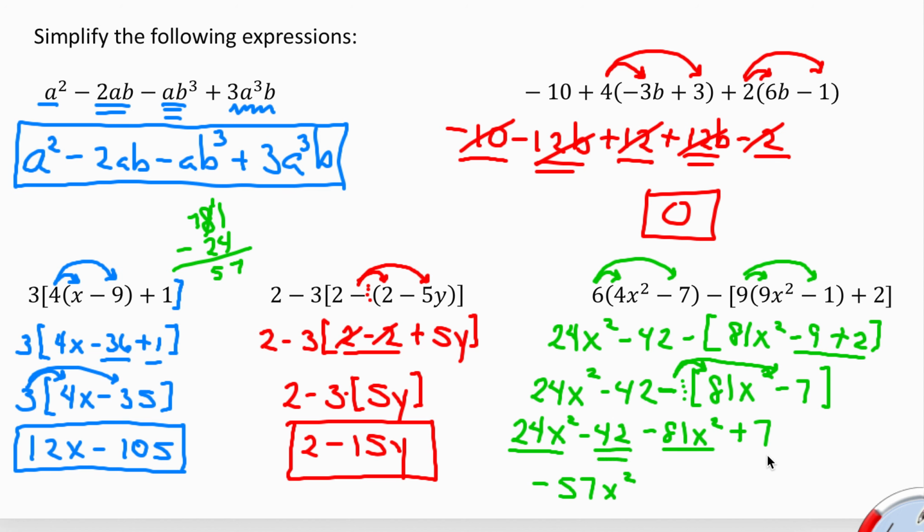Okay, now these are both constants. Different signs means minus. 42 minus 7 is 35, and keep the sign in front of the biggest one. All righty.